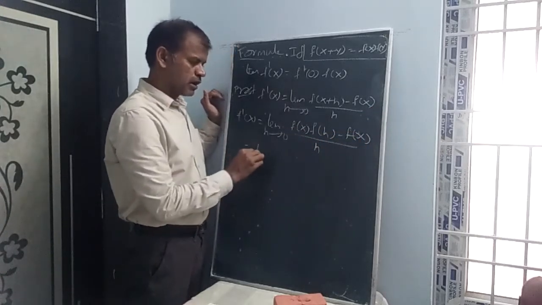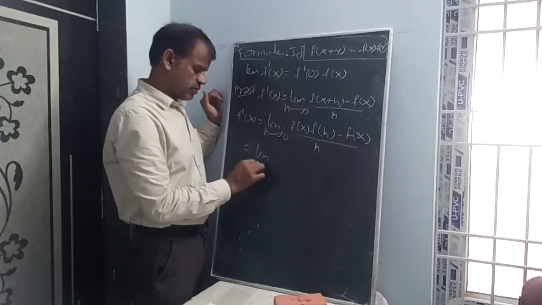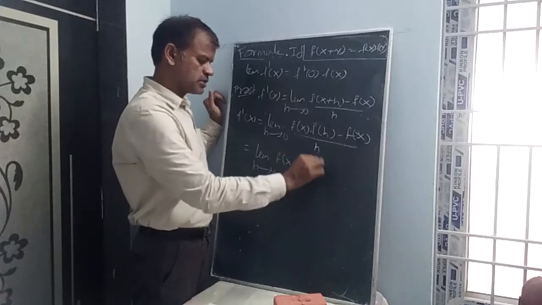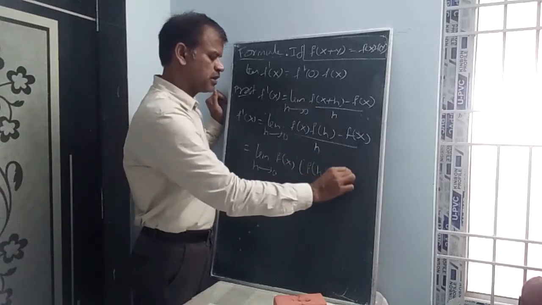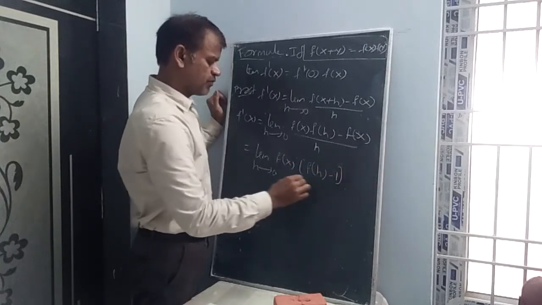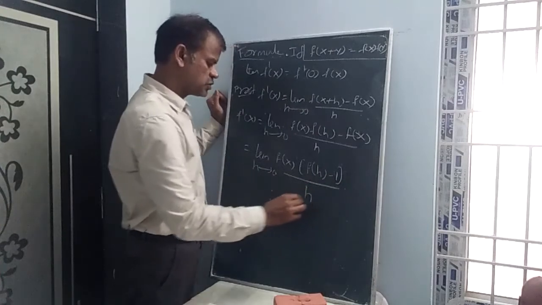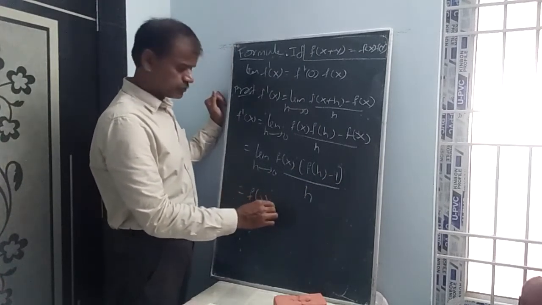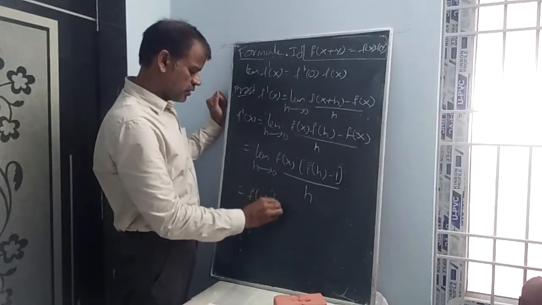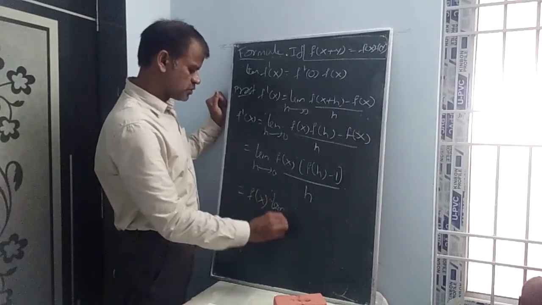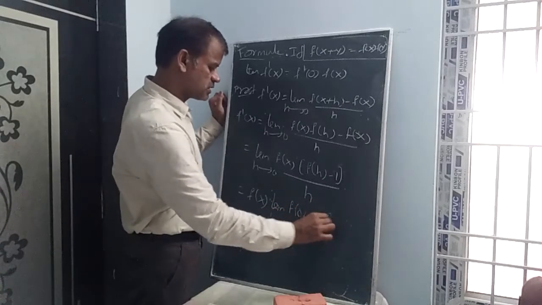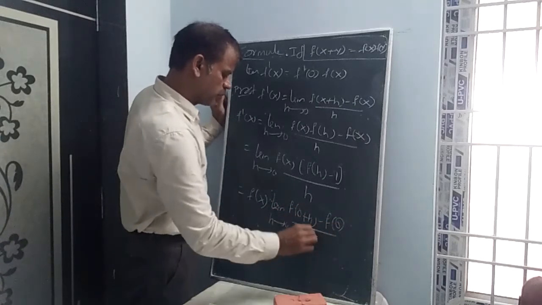Taking f of x common, this is f of x into the limit as h tends to 0 of f of h minus 1 by h. That is f of x into the limit as h tends to 0 of f of 0 plus h minus f of 0 whole by h.